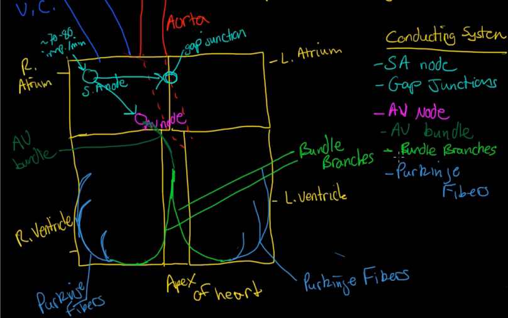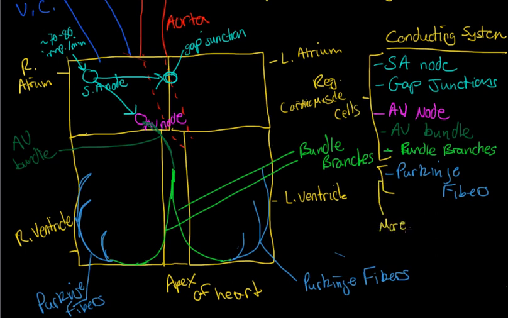So these all fall into one category of cell, regular cardiac muscle cells, and then these are going to be more specialized cardiac muscle cells. They're going to be referred to as Purkinje myocytes, or specialized cardiac muscle cells. And we'll label those as Purkinje myocytes.